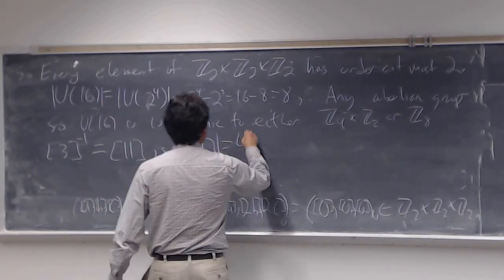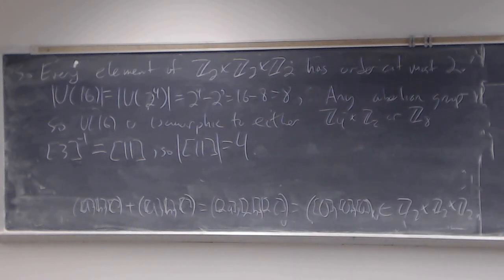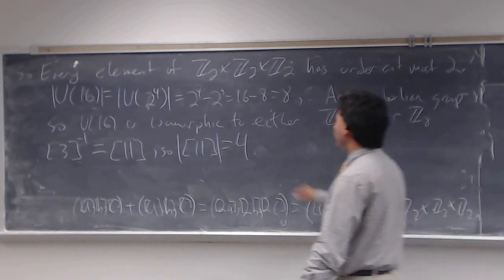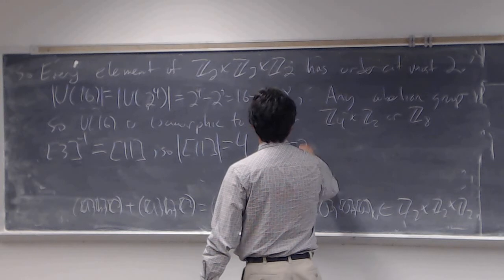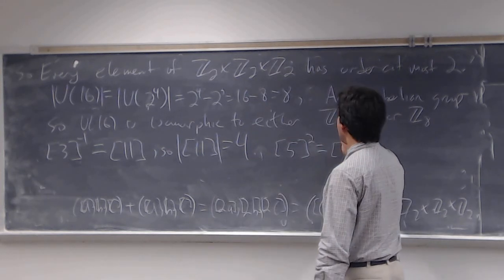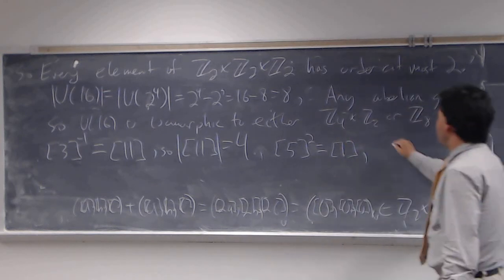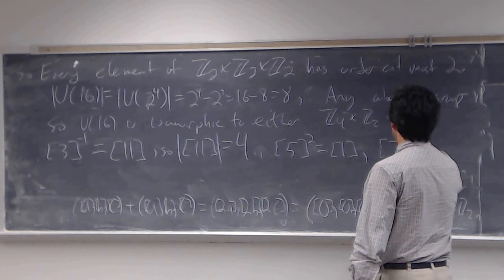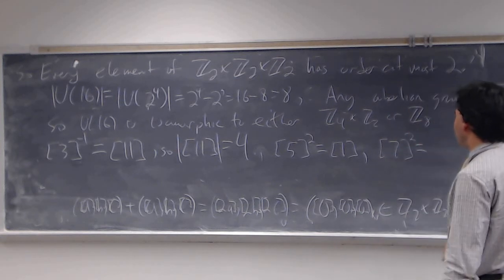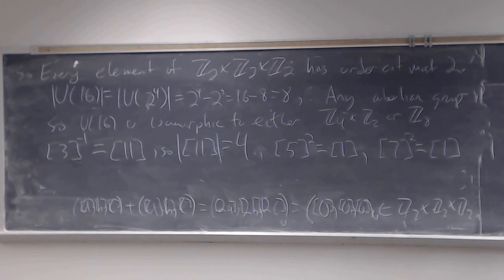So the order of 11 has to also be 4. Remember, every element has the same order as its inverse. So we don't bother trying 11. How about 5? Well, 5 squared is 25, which is 9, not 1. Hmm, 7 squared is 49, which is 1, so 7 is its own inverse.